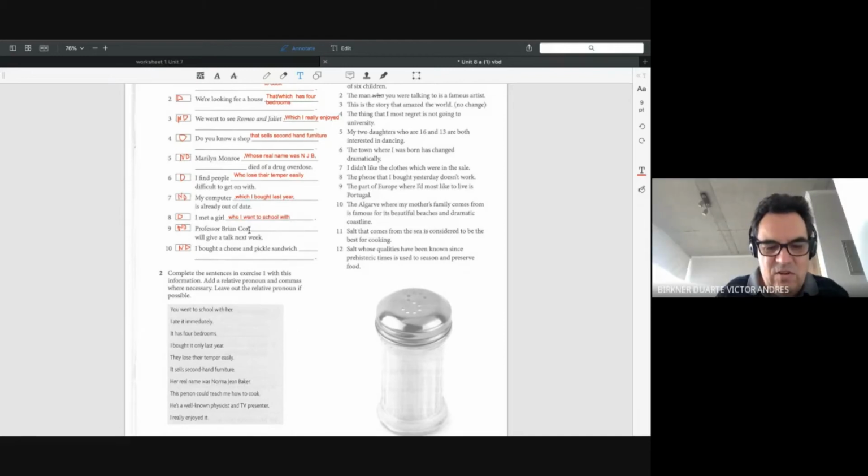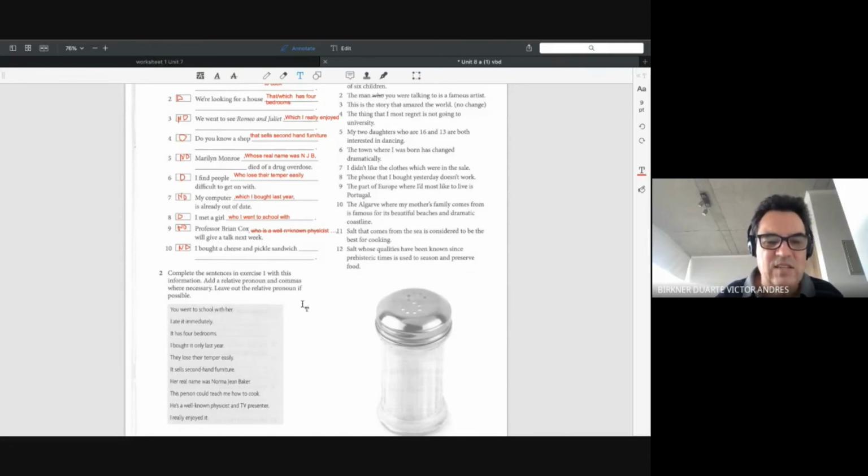So here we need to use a comma in between. Professor Brian Cox, who is a well-known physicist and a TV presenter, comma, and we continue with the rest of the sentence.